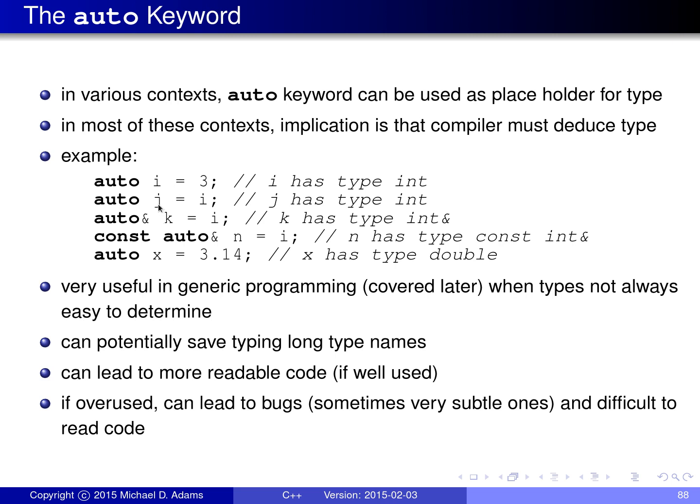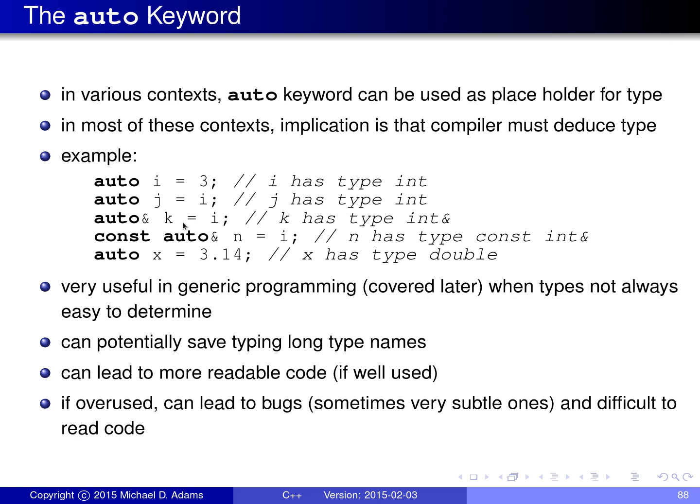On the next line here, we're doing a similar sort of thing. We're creating a new variable called j, and we're specifying its type as auto. So again, the compiler looks at what's on the right-hand side of the equal sign, and on the previous line, i was defined to be of type int, so i has type int, so j will have type int. You could also add things like ampersands for references and const and other modifiers to the type that's associated with auto.